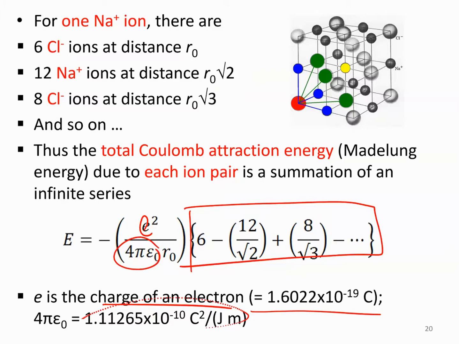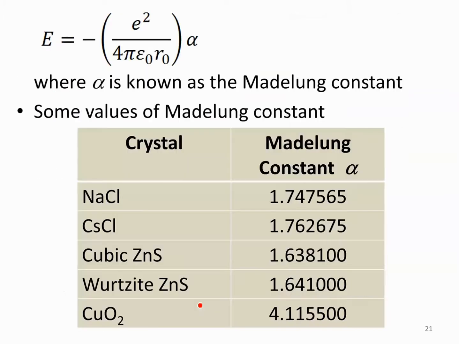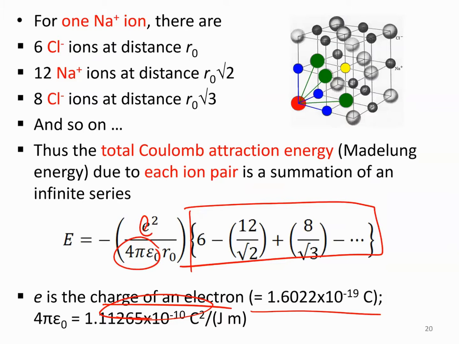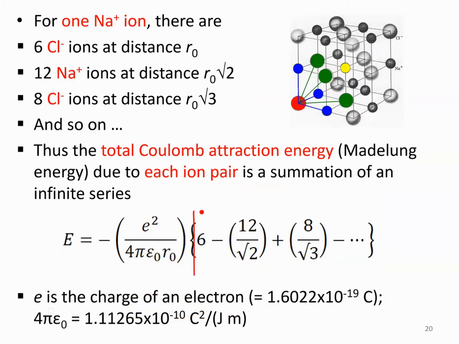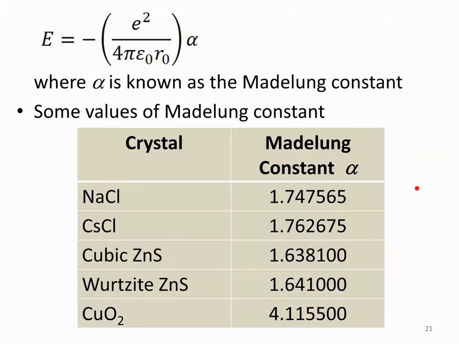Or if you don't believe, then you just substitute the epsilon naught there and multiply by pi times 4, then you get this answer. So I can refer to this term, we write as alpha, and this alpha is referring to the Madelung constant.